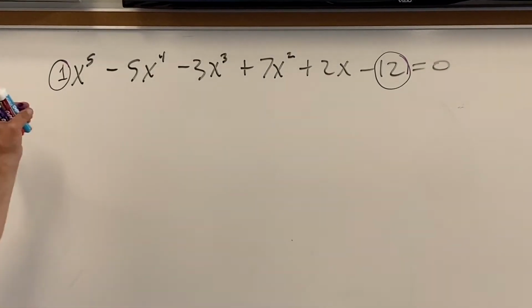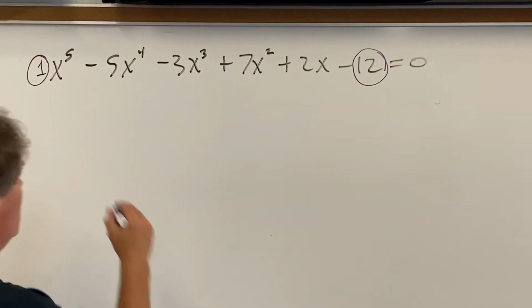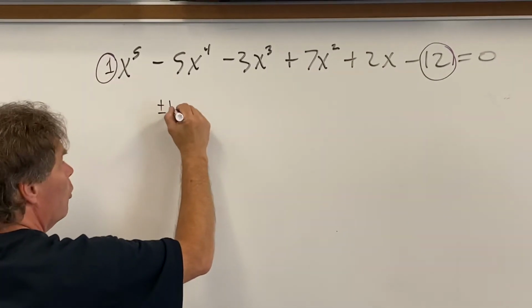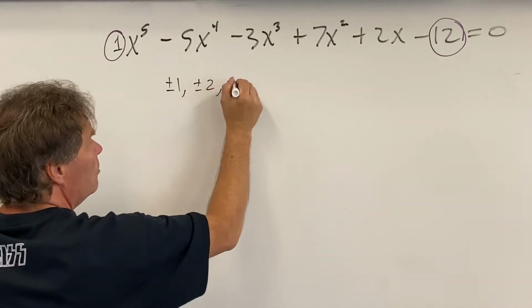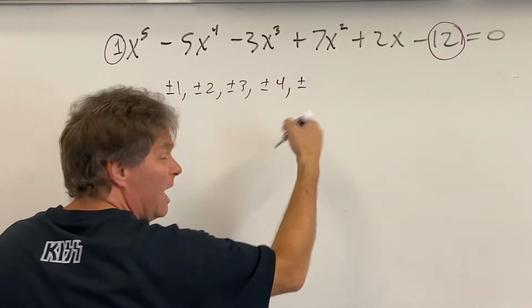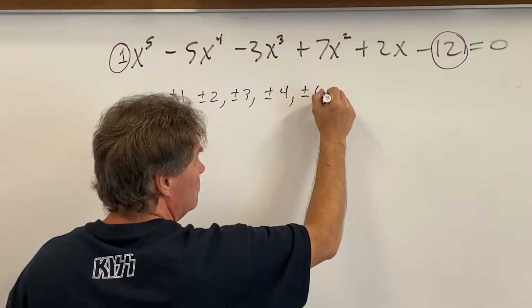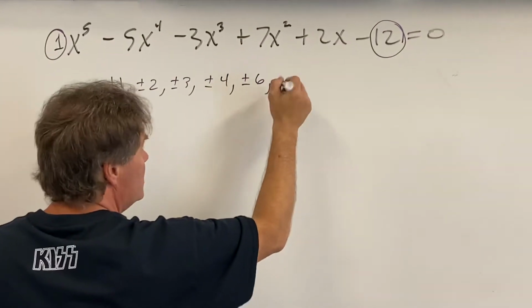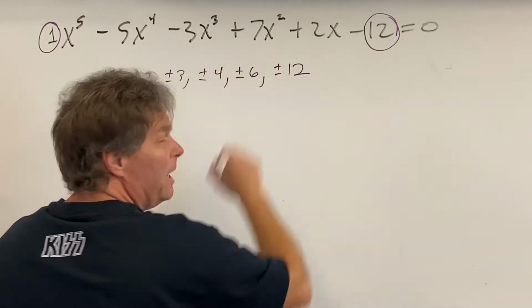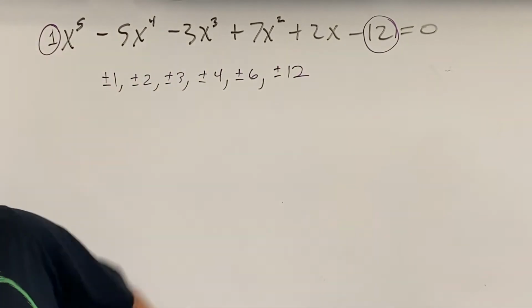So here's what the answers will possibly look like. Plus or minus all the factors of 12 on top. So watch, 1, plus or minus 2, plus or minus 3, plus or minus 4, plus or minus 5 doesn't go into 12, 6, right? And 7, 8, 9, 10, 11, those don't go into 12, plus 12. These are the factors of 12. 1, 2, 3, 4, 6, 12.